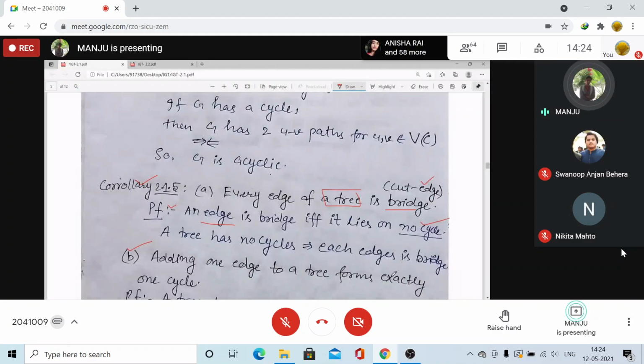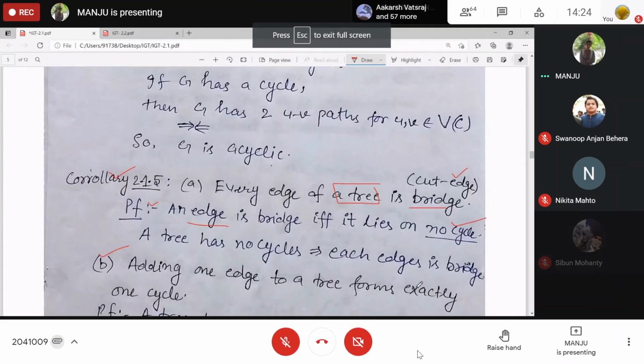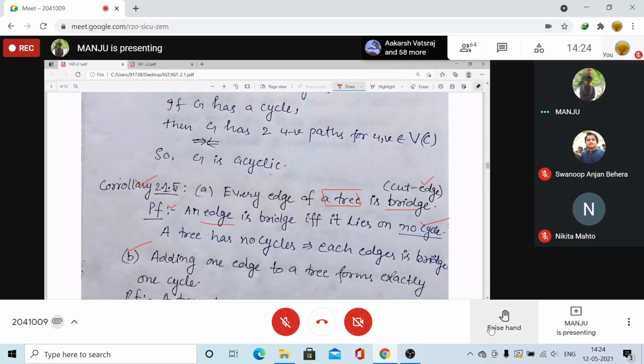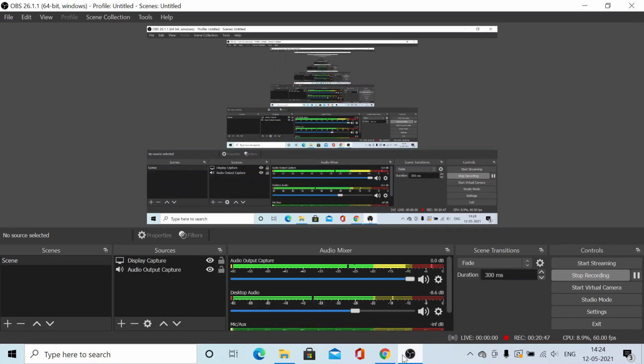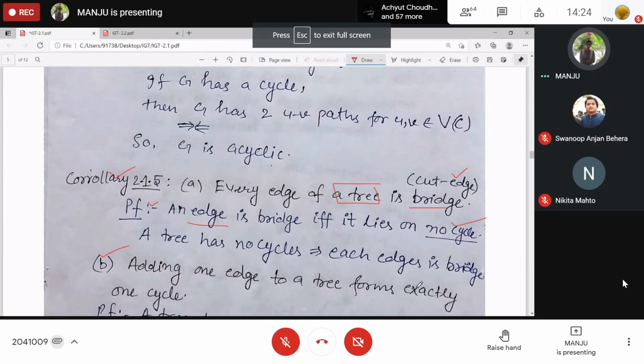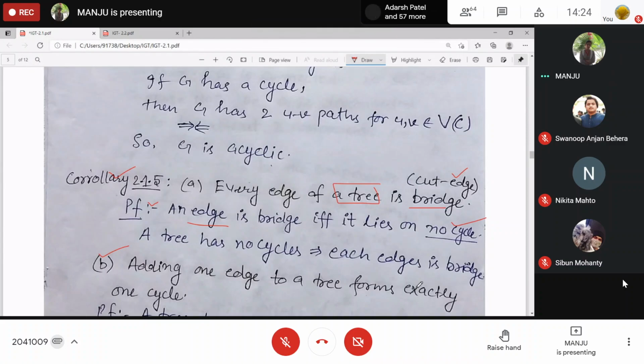Exactly one cycle. Adding one edge to a tree forms exactly one cycle. Yes, ma'am. True? True.